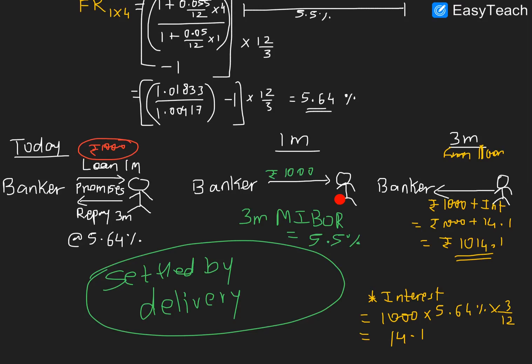By entering into the forward agreement, the customer has promised to borrow at 5.64%, whereas the existing MIBOR now is 5.5%.